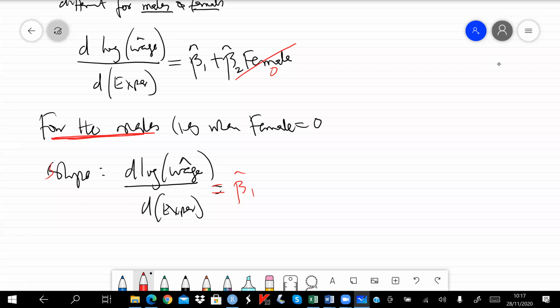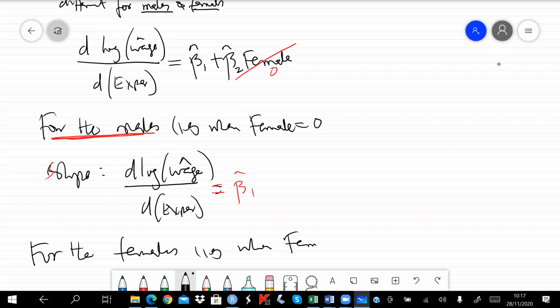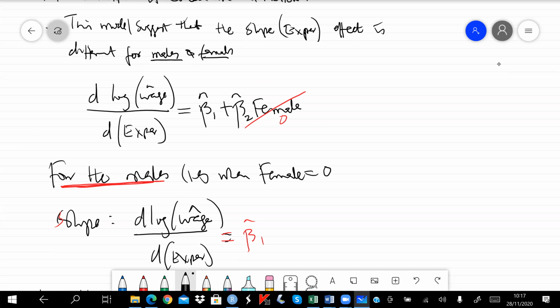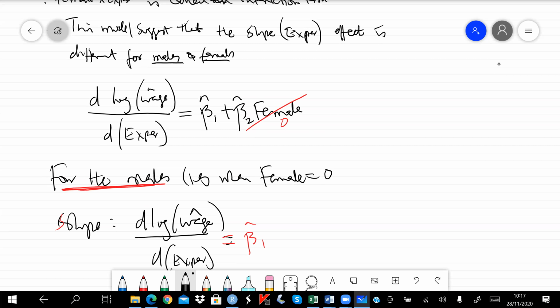Then for the females, that is when female is equal to 1. Remember, these are dummy variables. So now here, instead of putting 0, I'll put 1. Where there is female, I put 1.